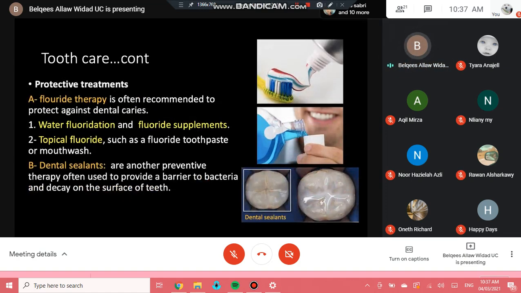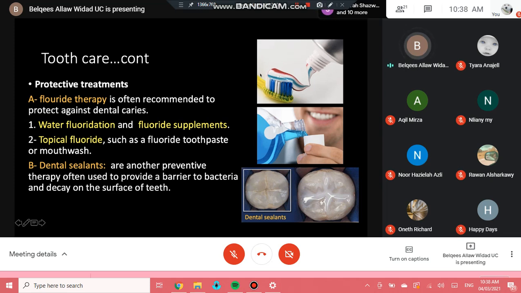So for the protective treatment that we use to reduce tooth caries, first of all, we use fluoride therapy. This fluoride therapy, either in the water that we drink, puts a protective structure on the teeth and reduces the formation of tooth caries.